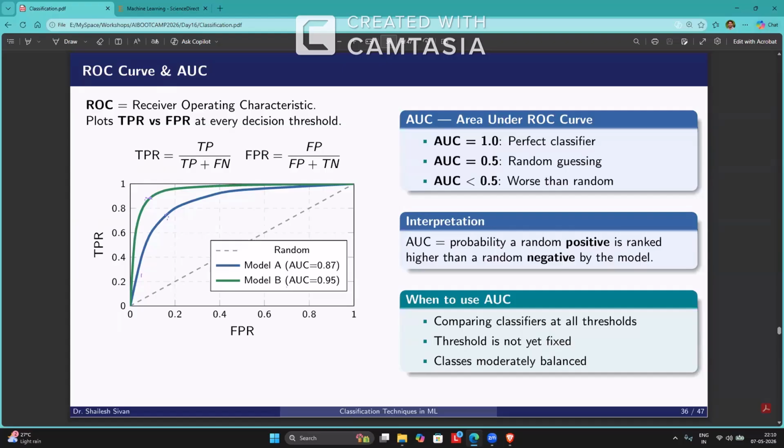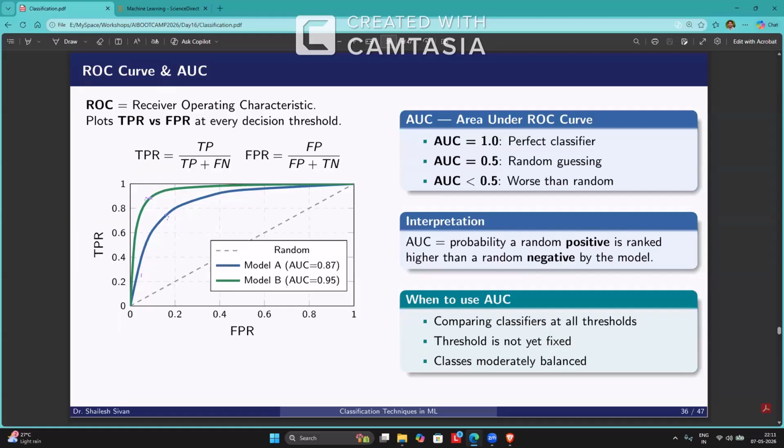First, we will simply predict the probabilities for all test data. Then we fix a threshold, and with that we calculate the TPR and FPR. The threshold as 0, then 0.1, 0.2, 0.3.